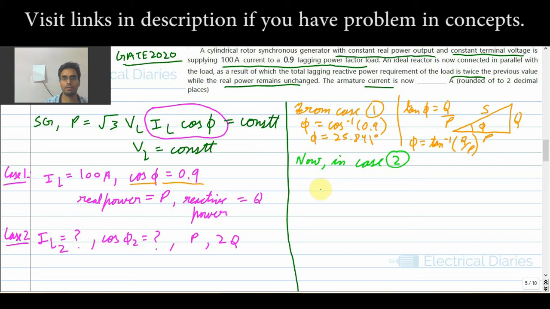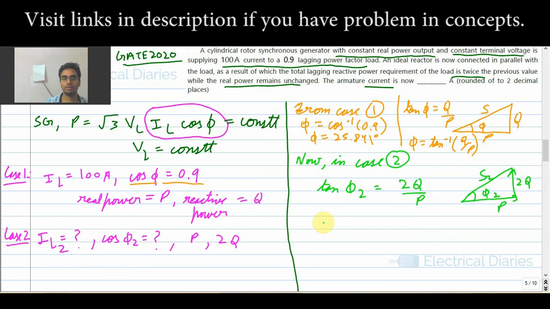So here I can say that tan phi 2 is equal to 2Q by P. How am I getting this? It was P the same, but this time this has become 2Q, and this is your phi 2 and this is your S2. That is the logic.